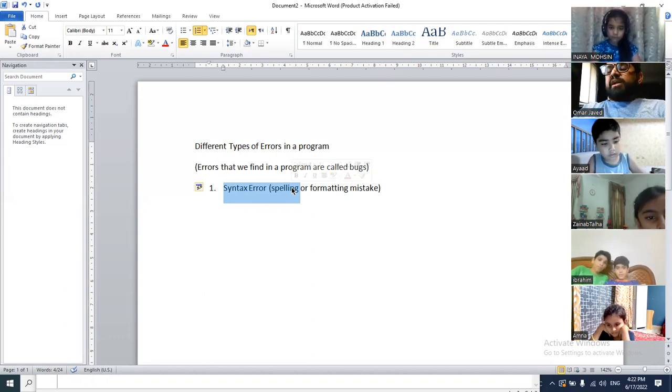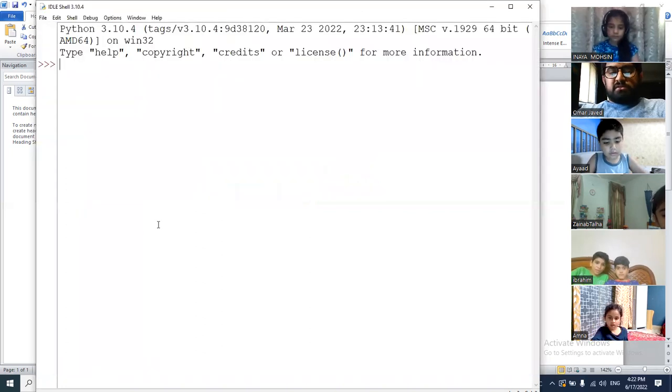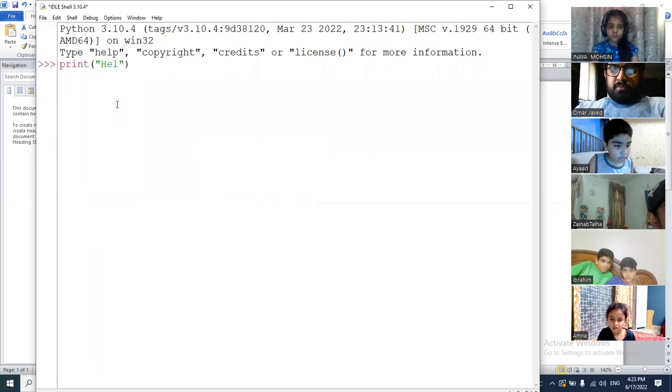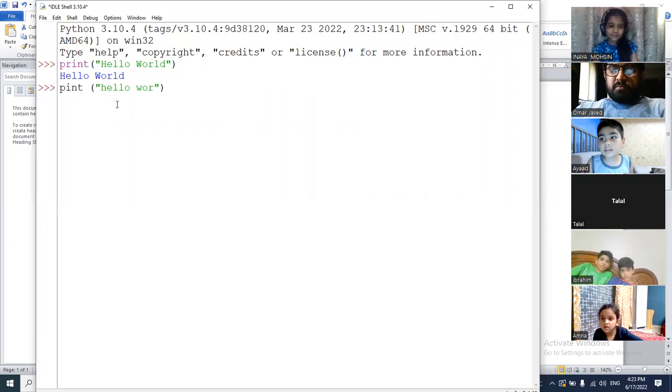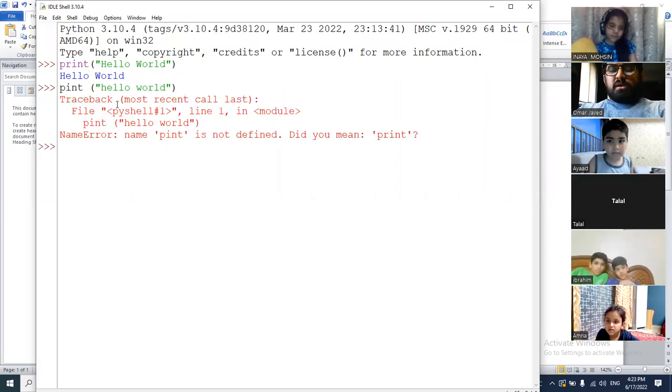What happens when we write a statement that has a syntax error? Instead of writing print, I run it, and it tells me that this name does not exist.